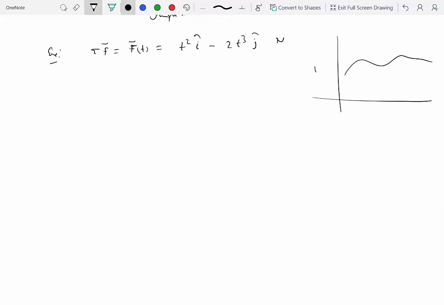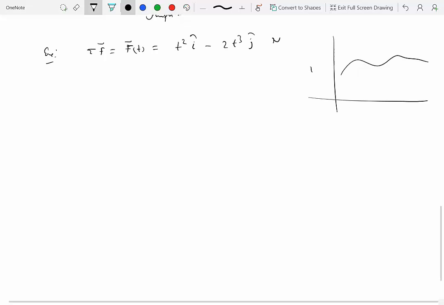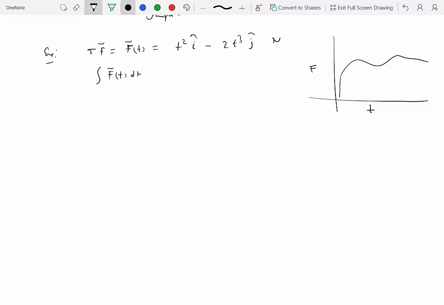That's f on the y-axis and time is on the x-axis. So the integral of sigma f dt, or simply f dt because we are just concerned with one force over here, is basically nothing but the area under the curve.